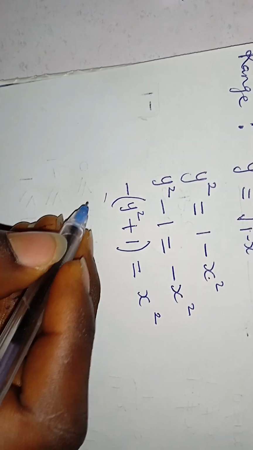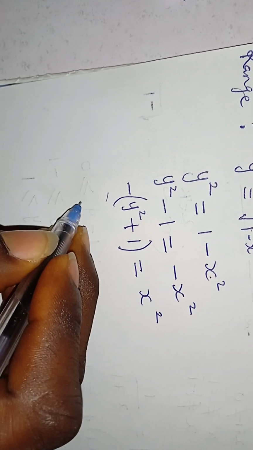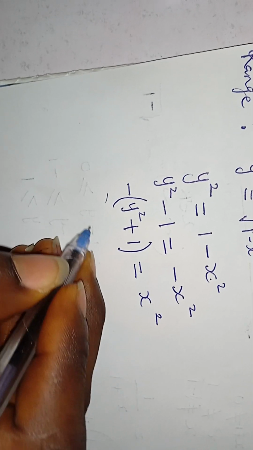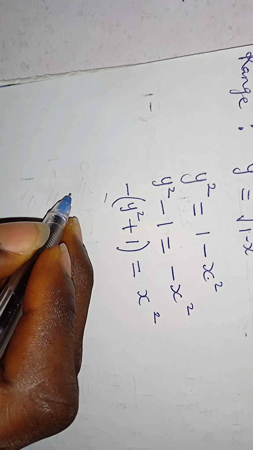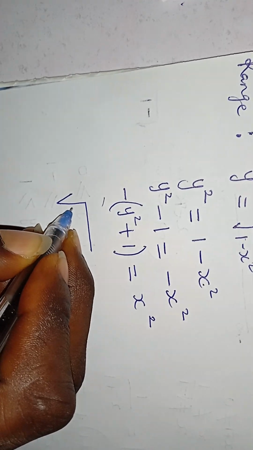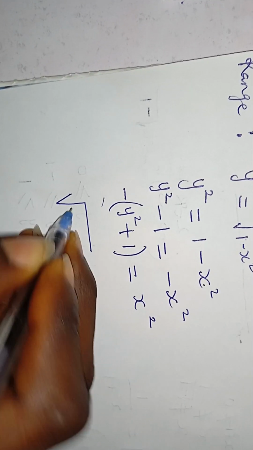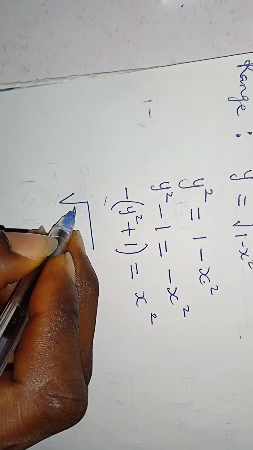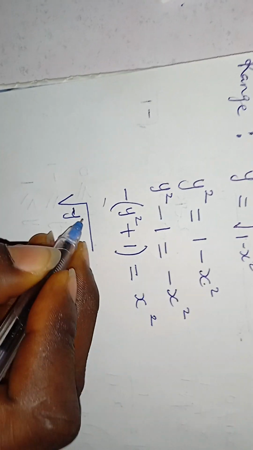This is saying x is equal to the root of 1 minus y squared.